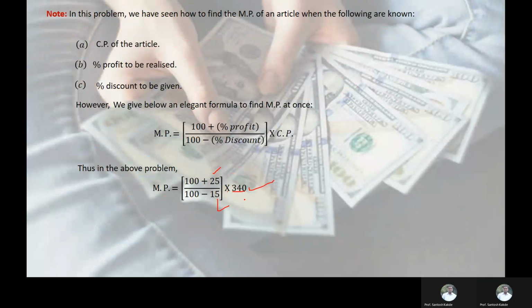So just solving all these quantities, we might get a simplification here: 125 upon 85 into 340. So it gives mark price as nothing but 500, isn't it? So this one is the short formula. You may cross verify your answer, or you may use this formula. No problem at all, isn't it?